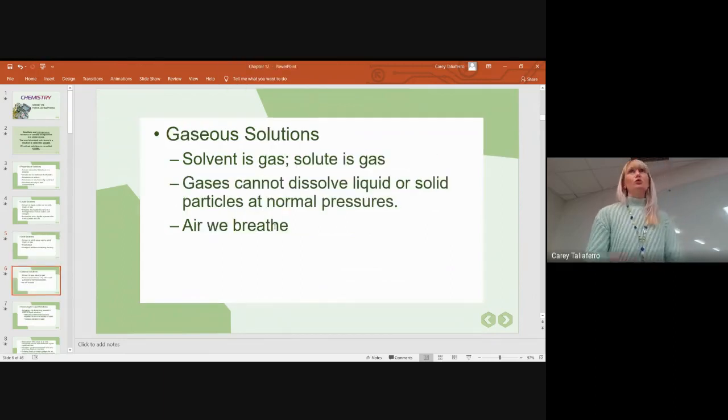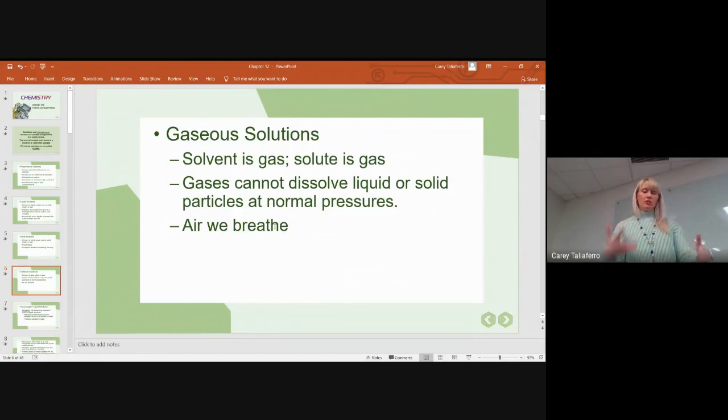And then you can have gas solutions. The air we breathe is a great example of this. A gas solution has a gas as a solvent, and then the solutes are also gas. So still thinking about the idea of the solvent as being the one that you have the most of, most of the air that we breathe is nitrogen.